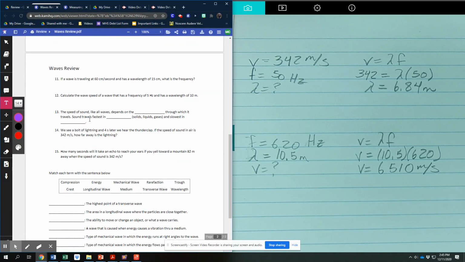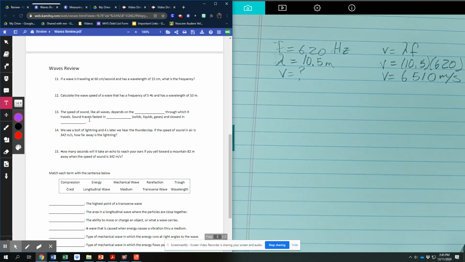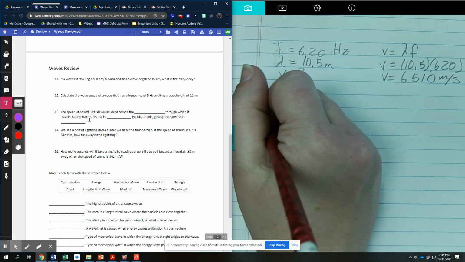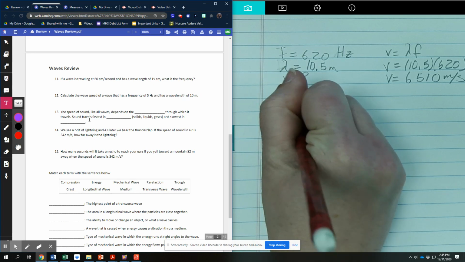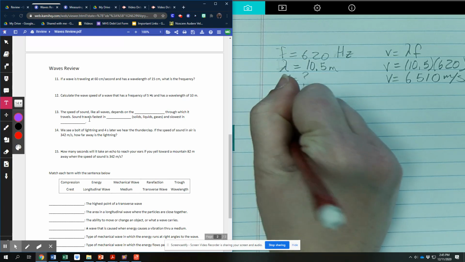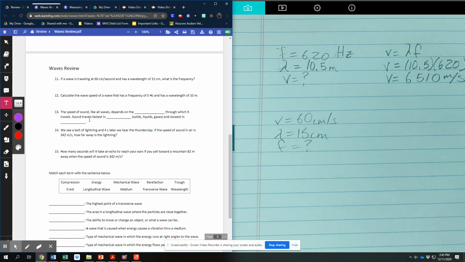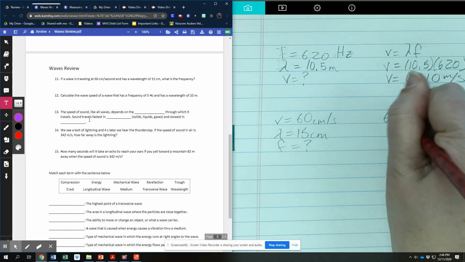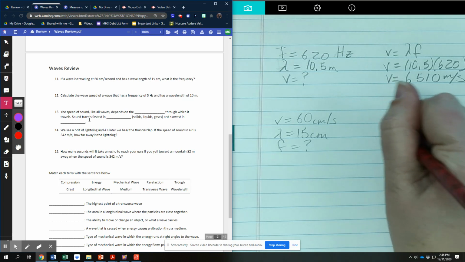Okay. Number 11 says, if a wave is traveling at 60 centimeters per second and has a wavelength of 15 centimeters, what is the frequency? So we have speed, and we have wavelength. Trying to find frequency. Solve for f.